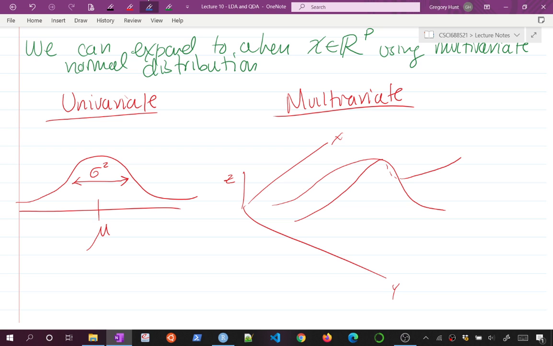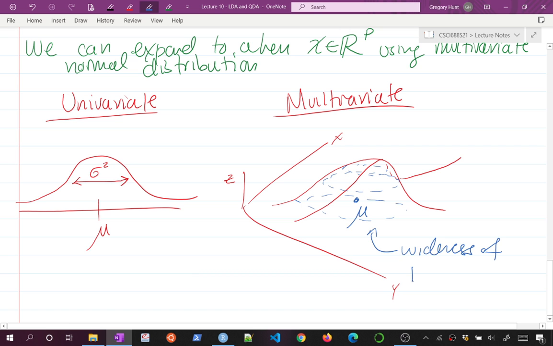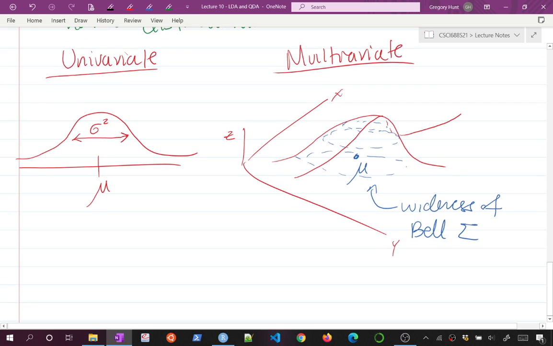We will have a center point, which is mu, and then how wide this bell is. This bell is made of concentric ellipses. The wideness of this bell is controlled by a parameter capital sigma, which is called the covariance matrix.